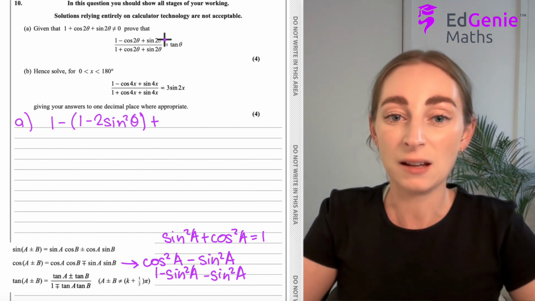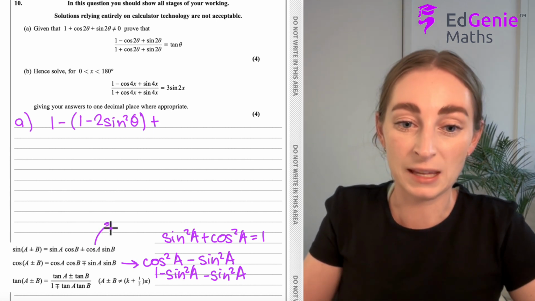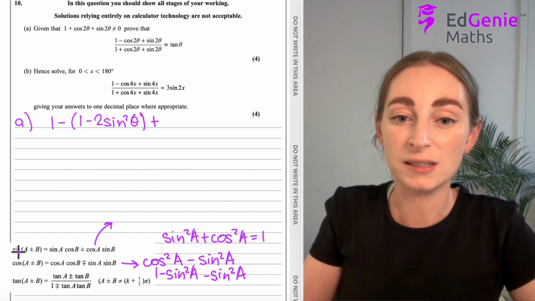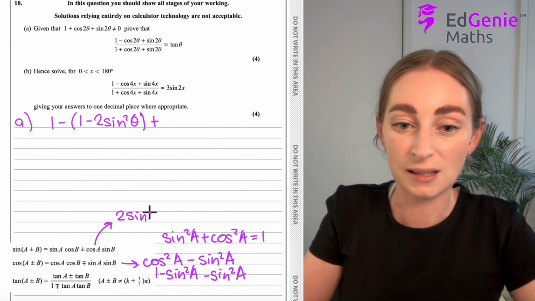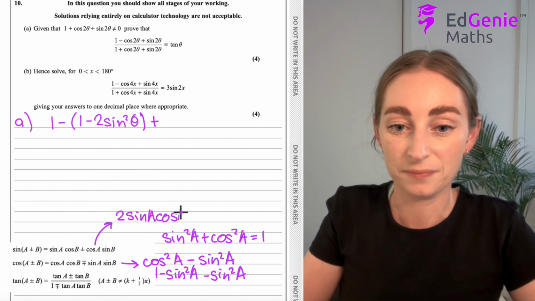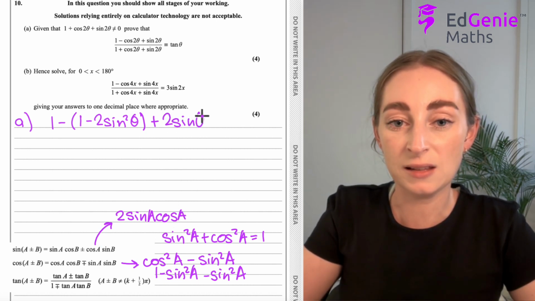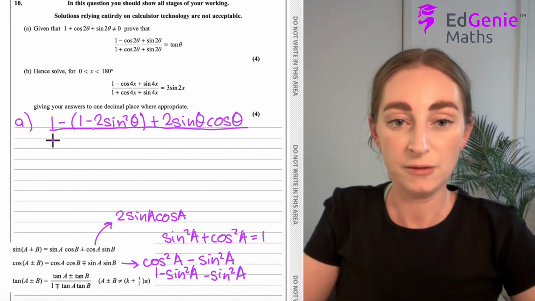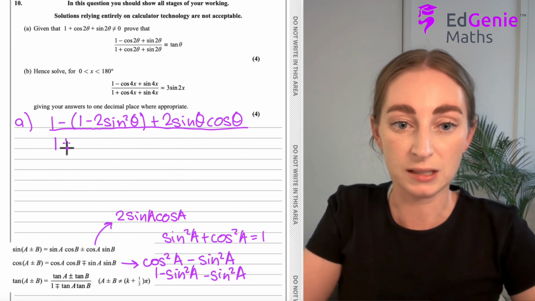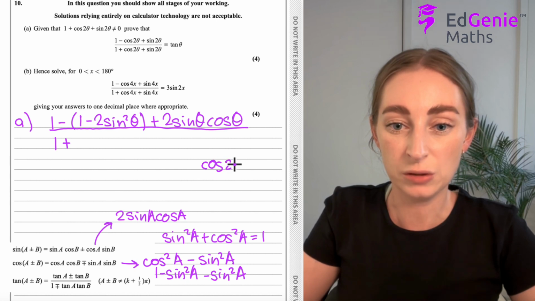Plus sine 2 theta. So we're going to be looking at this one here now. Imagine if it's sine A plus A, we would have 2 sine A cos A. Can you see that from this formula? So it's going to be 2 sine theta times cos theta. Over here, I'm going to have on the denominator 1 plus cos 2 theta.